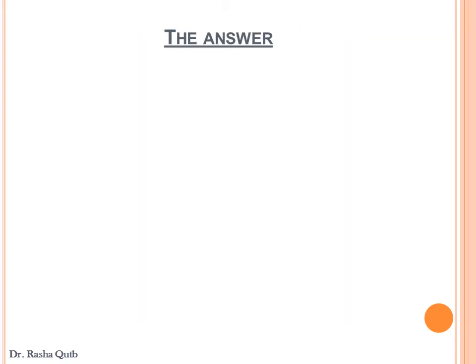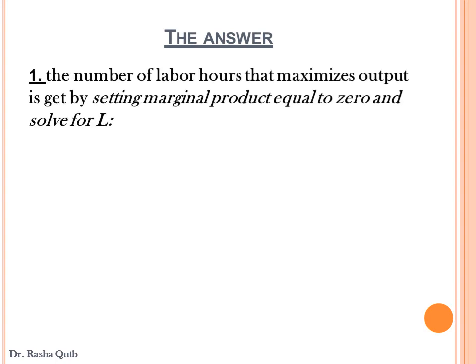First of all, in order to get the number of labor hours that maximize output, we have to remember that the output is maximized at the end of the second stage of the production process, where the marginal productivity of labor reaches 0. So we have to get the first derivative of the total product function with respect to labor and equate this equation to 0.